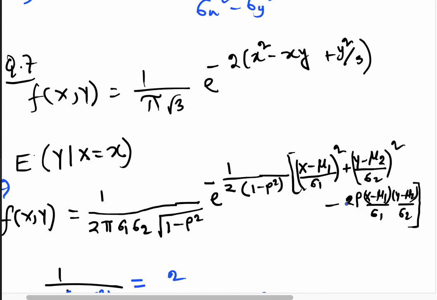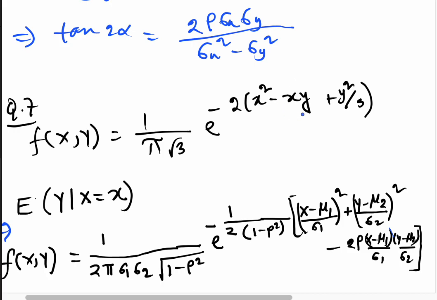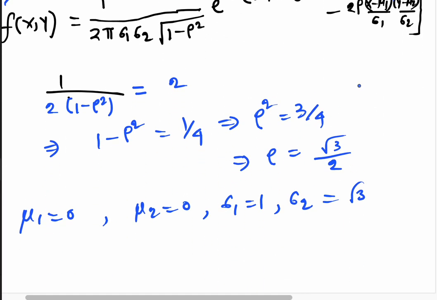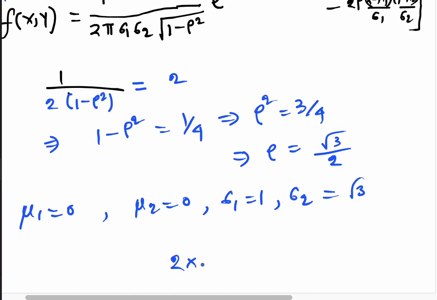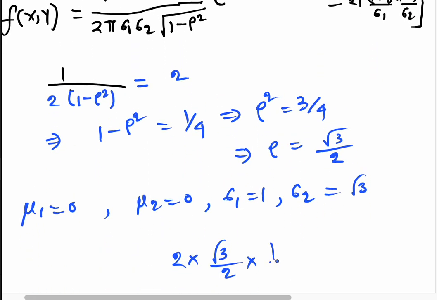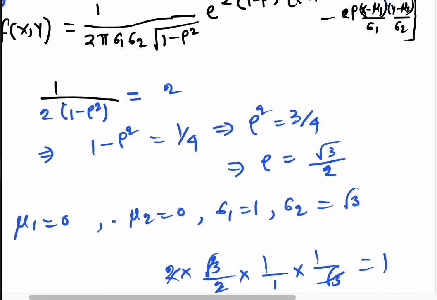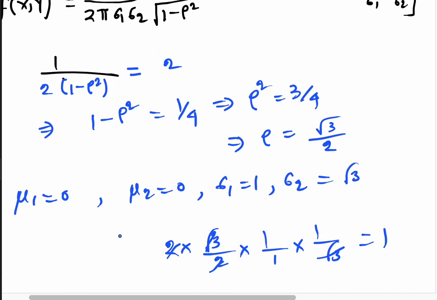Let's multiply these things. It should come as the xy coefficient: 2 into rho, root 3 by 2, into 1 by 1 into 1 by root 3, so this comes as 1. So I got all the variables that I need.